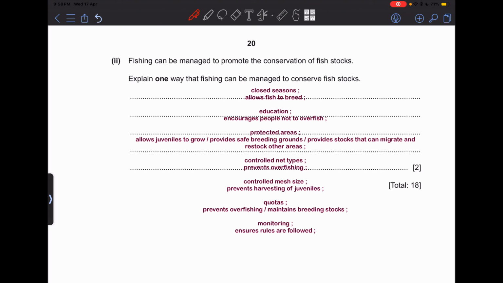And this can also provide stocks that can migrate and restock other areas. This means that if there is a large increase in the population of fish somewhere in the sea, then they can migrate and move to another area in the sea where they can also increase the population there as well. So this is very important to protect those growing populations so that they do not go extinct.